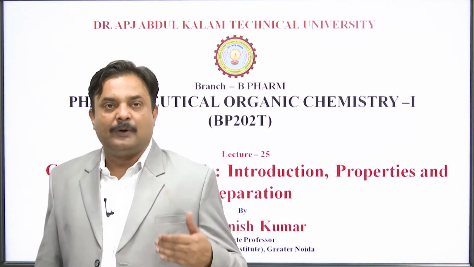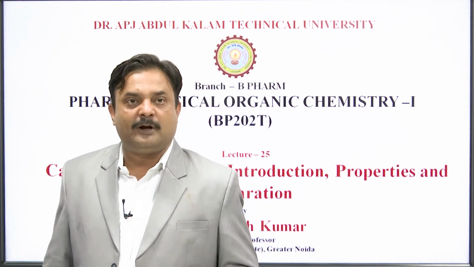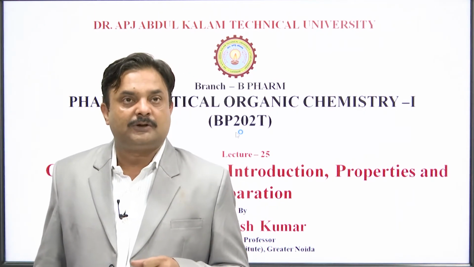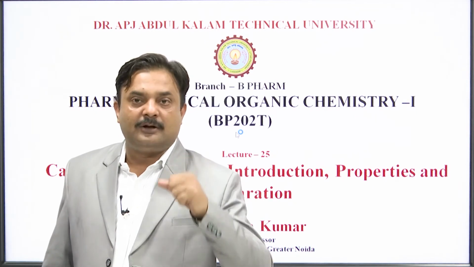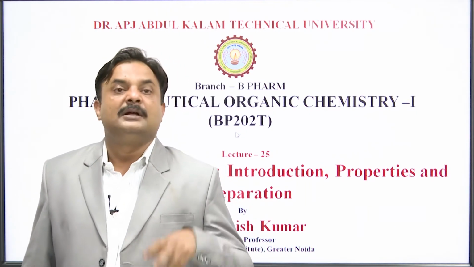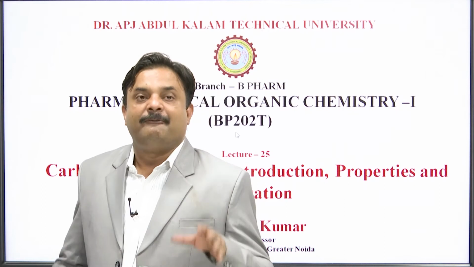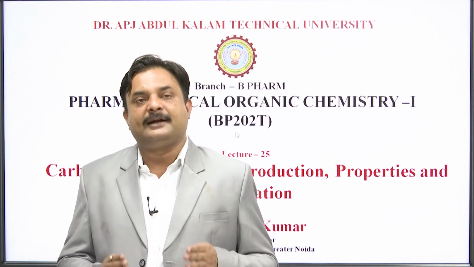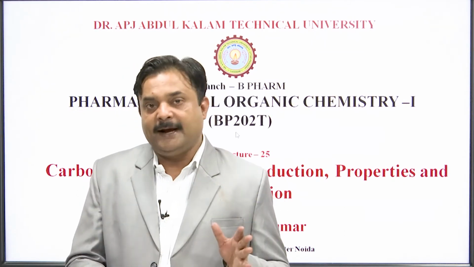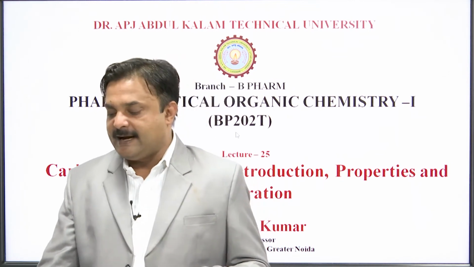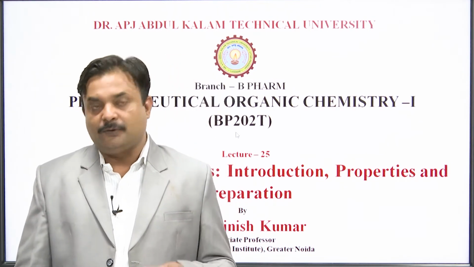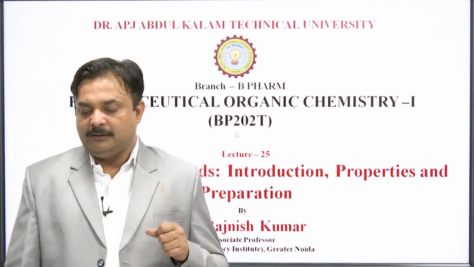Although other compounds also have this particular group, like carboxylic acid has a C=O group, ester also has this group, and amide also has this group, we will discuss the aldehyde and ketone specifically. So, students, without wasting any time, I am just going to start my lecture on carbonyl groups.